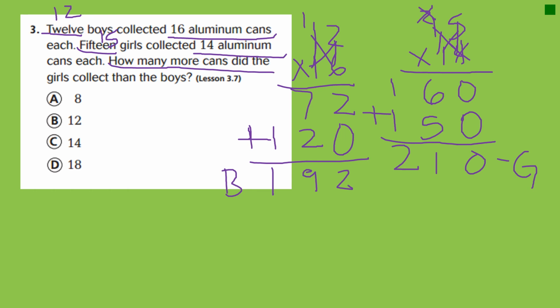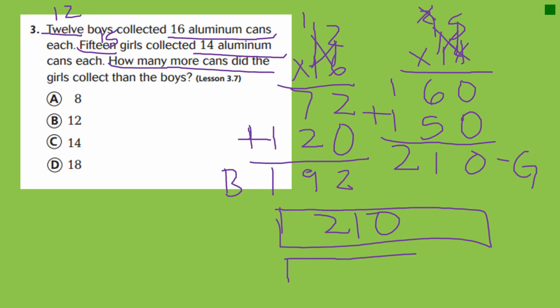How many more cans did the girls collect? Okay, so what are we going to do with those two amounts? This kind of goes with the bar diagram. Remember they were showing you the bar diagram? So that would be the girls, and then the boys would be the shorter bar, 192. What's the difference? How many more?